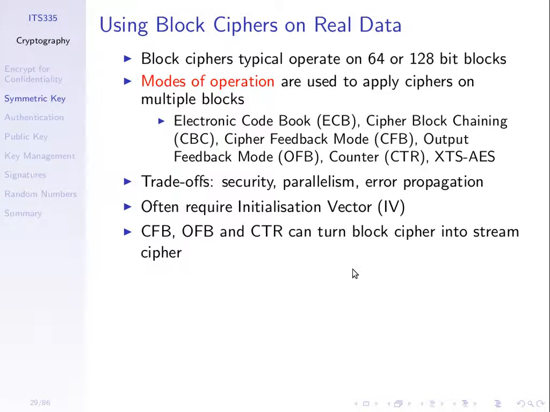We said the ciphers operate on small blocks, 64 bits, 128 bits. They encrypt a block at a time. To take a large file, split it into blocks, encrypt the blocks and combine them back together to get the final encrypted file, there are different methods. They're called modes of operation.